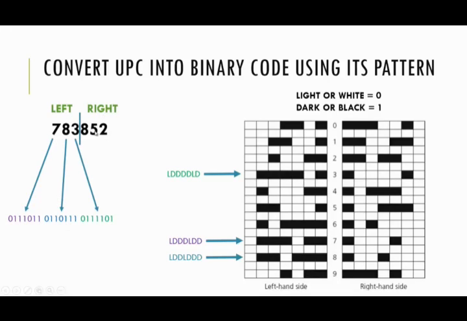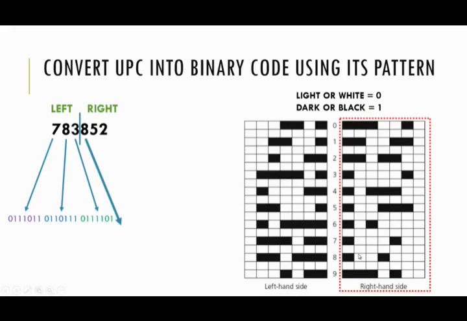Now we are coming to the right hand side, and yes, if you guessed it, you were right that we are going to use the pattern on the right hand side now. So the first digit is 8, and 8 on the right hand side box is here. It means 1000100.